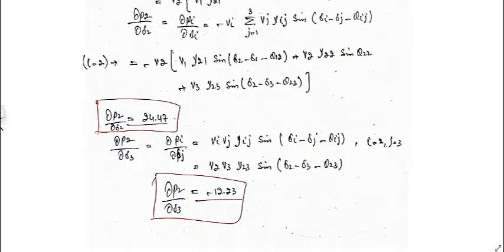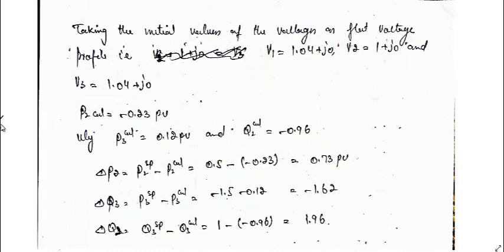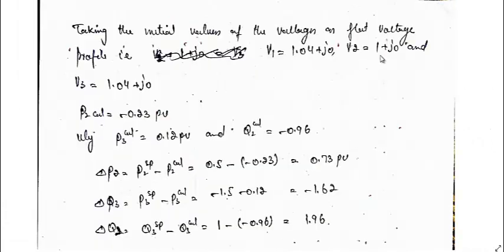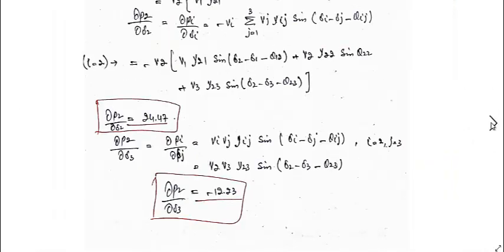V2 is given to be 1, V3 is 1.04, and angles delta 2 and delta 3 are 0. Theta 23 is again 104.04, and Y23 will be equal to 12.13. Putting this value, you will get minus 12.23.